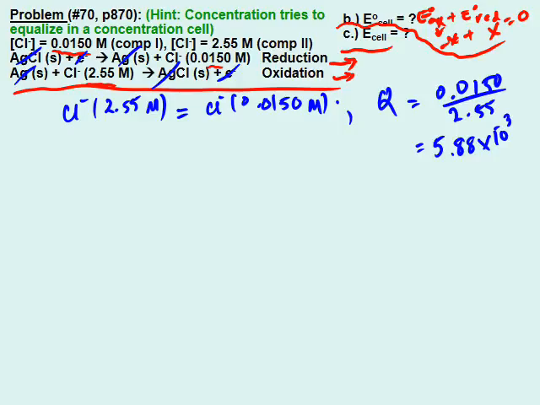Now, in order to get the cell voltage for part C, I need to use this expression that I'm going to write next.